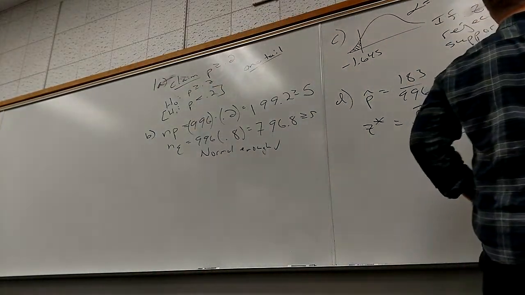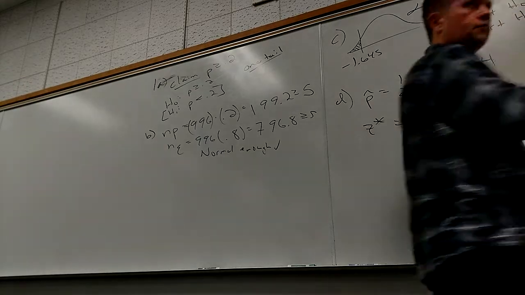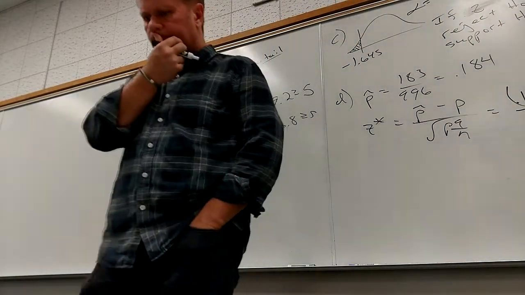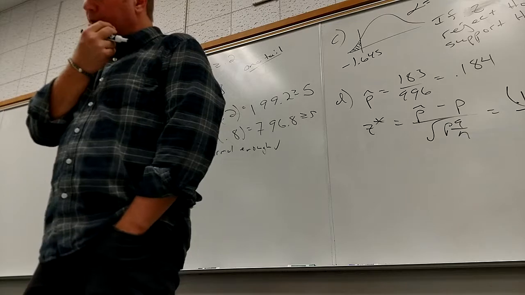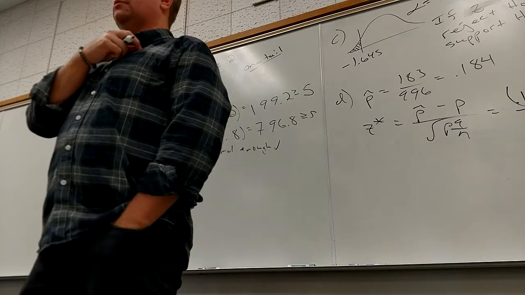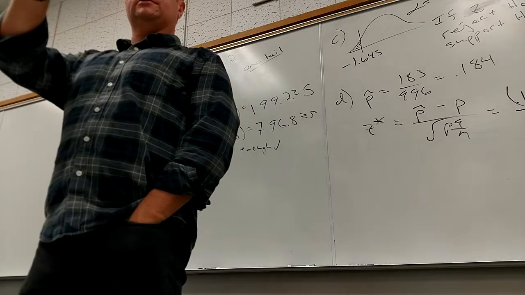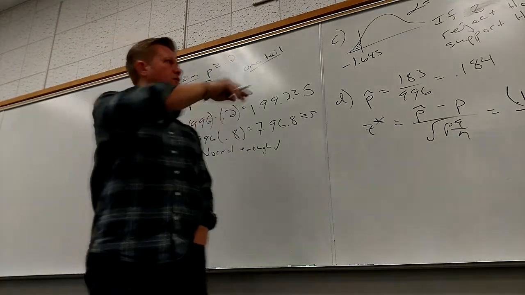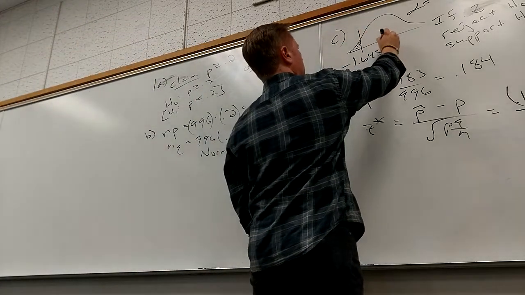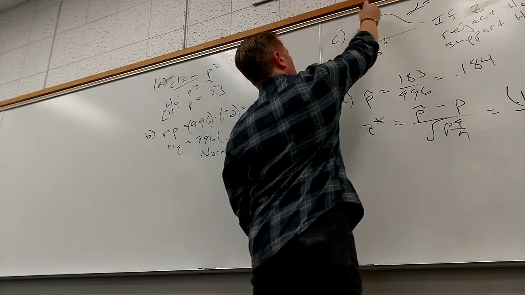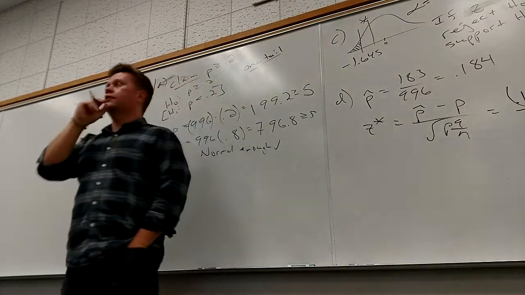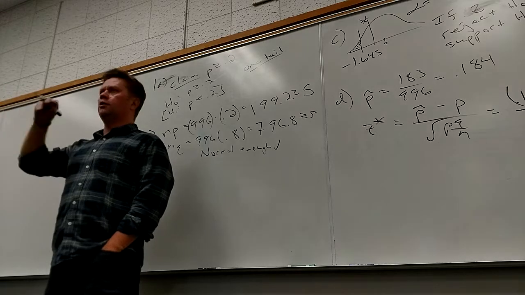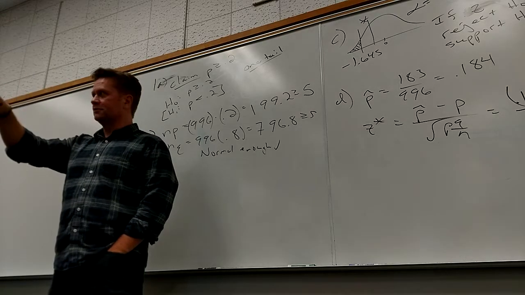Negative 1.262. Yeah, I got negative 1.26. Now right there we know the answer. What's the answer going to be? Did we make it far enough away? Uh-oh. We failed to reject. We didn't make it in there, which is actually good for us.